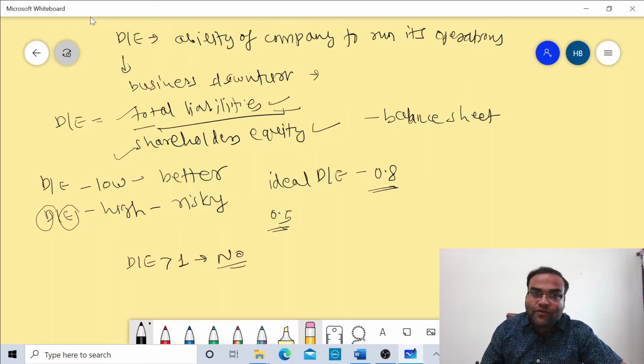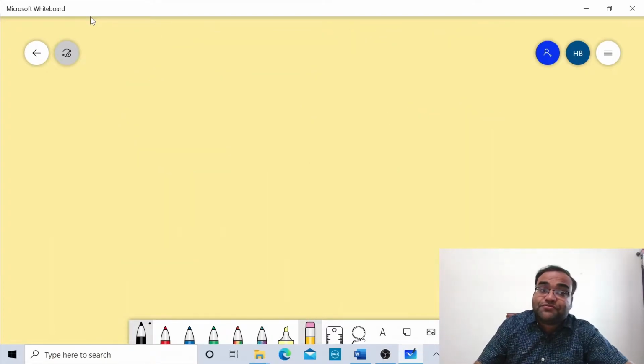However, the D by E ratio also depends on the industry or sector which you are considering, because D by E ratio can be different for different sectors.